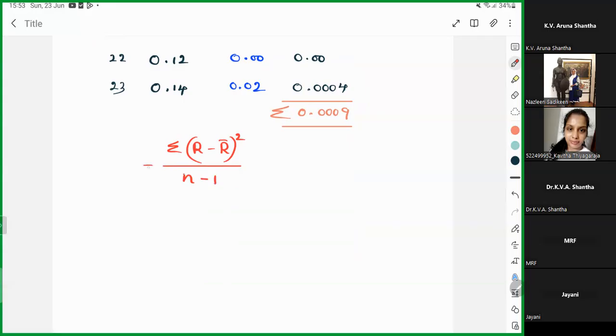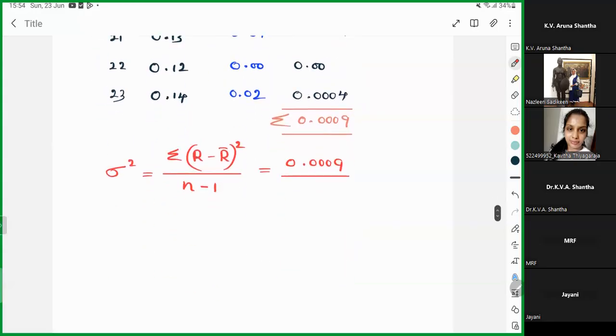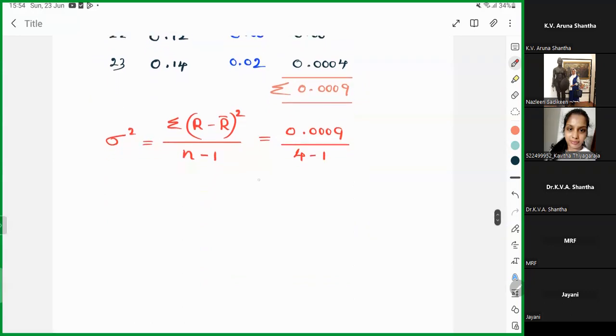So that is variance. Squared deviations total 0.009. N is the number of years, 4 years. 4 minus 1, 3. Then how much variance? 0.003. Variance is 0.003.